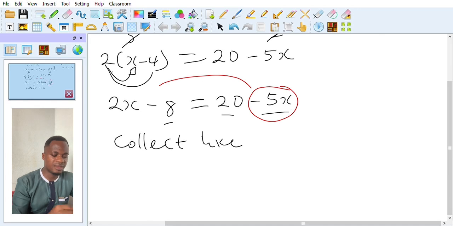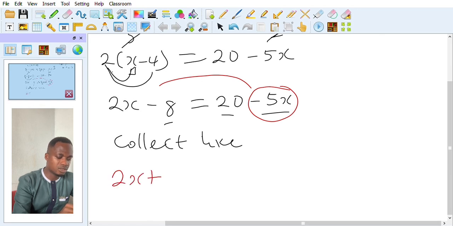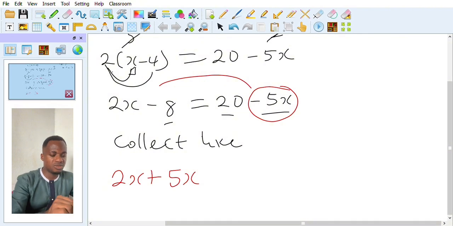When we add 5x to the right hand side, it becomes 0, and then we add 5x to the left hand side. We will now have 2x plus 5x. So negative 5x from the right hand side becomes positive 5x on the left hand side. Same thing, we're going to remove minus 8 from the left hand side and move it to the right hand side.